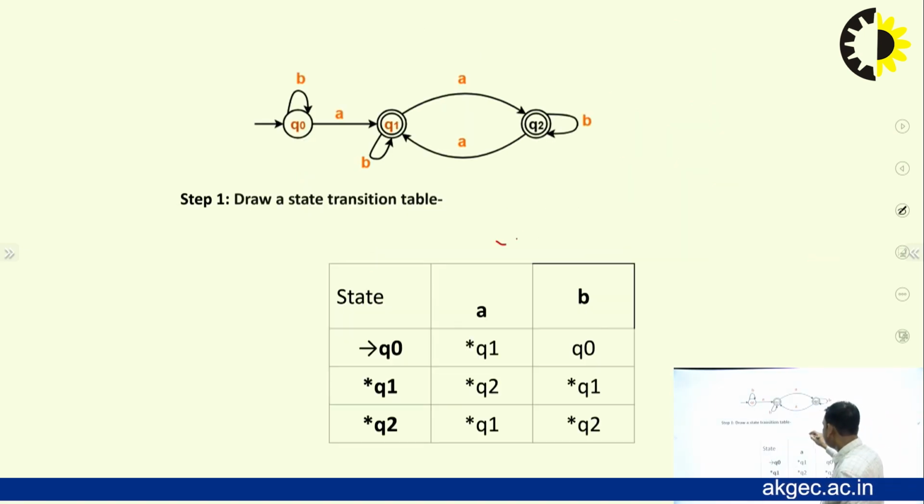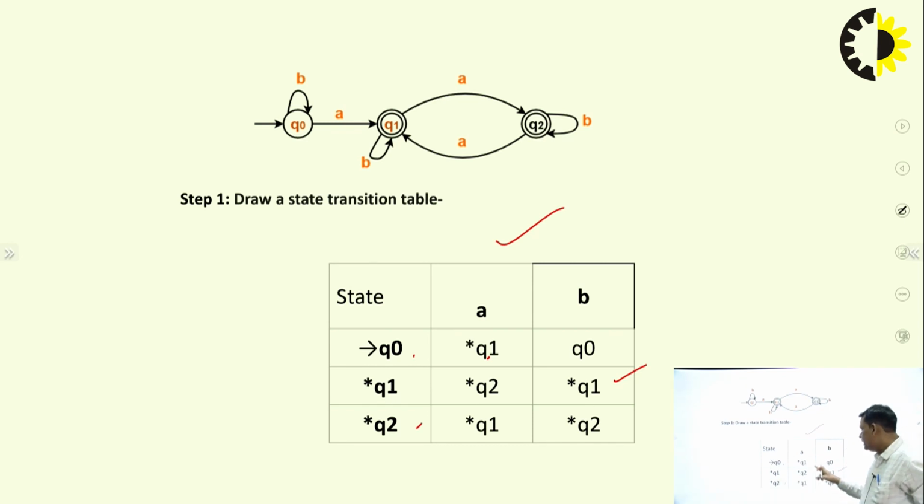This is a transition table. Q0 as input A goes to Q1, and Q0 as input B goes to Q0. Q1 as input A goes to Q2, Q1 as input B goes to Q1, and Q2 as input A goes to Q1 and Q2.